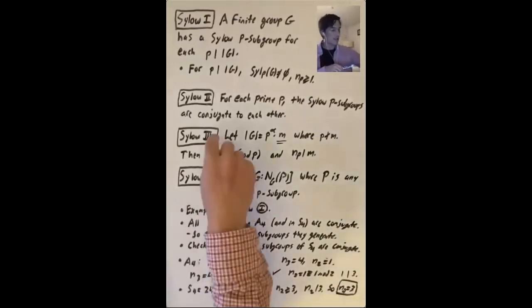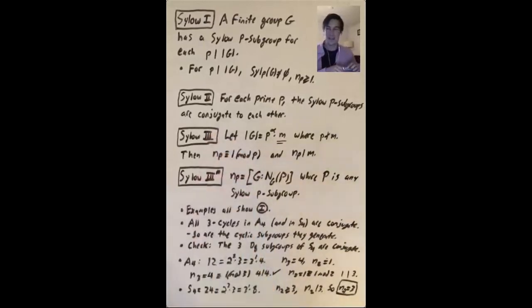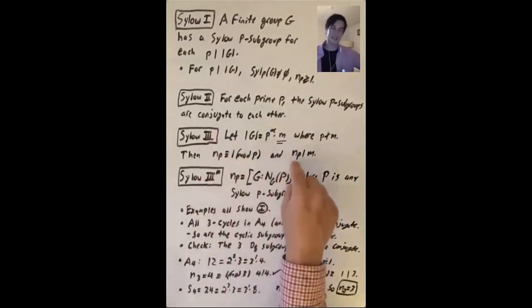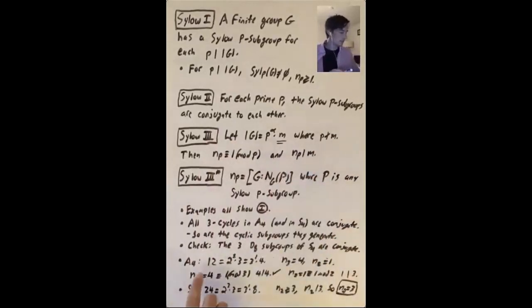Now let's look at this last arithmetic piece, just about these numbers, the congruences, and the division. A4 has order 12. If you write 12 this way, you write it as either 2 squared times 3 or 3 to the first times 4. n_3 is equal to 4 and n_2 is equal to 1.